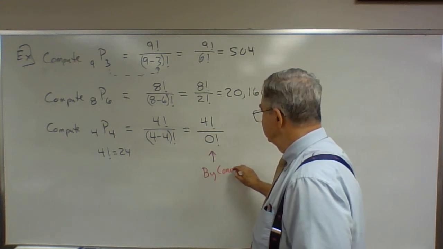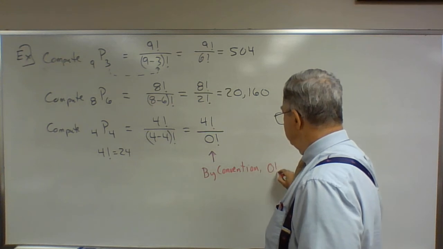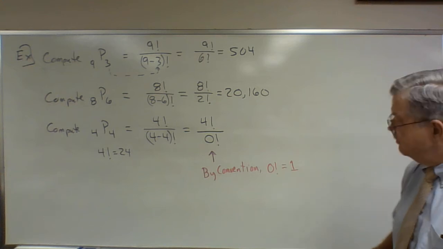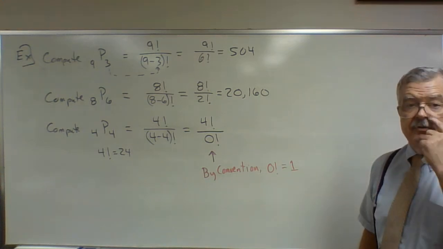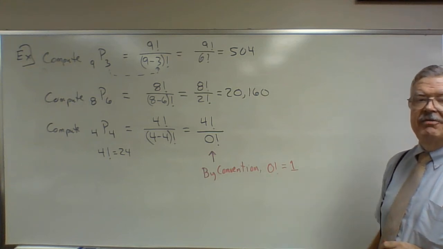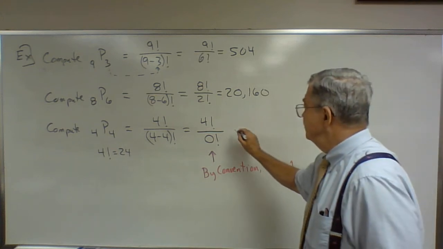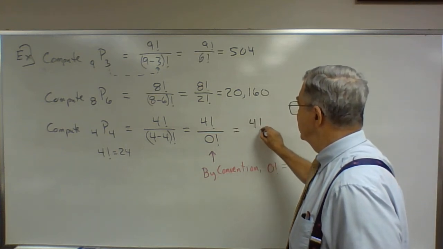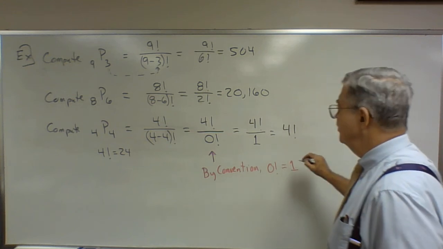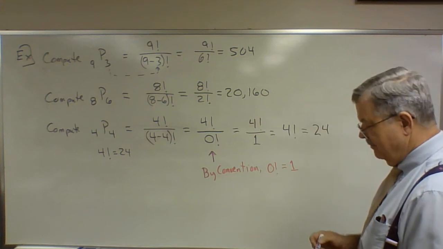By convention, 0 factorial equals 1. We didn't talk about 0 factorial, but if we ever have to compute 0 factorial, it's equal to 1. So this is going to be 4 factorial over 1, which is 4 factorial, and that equals 24. Okay.